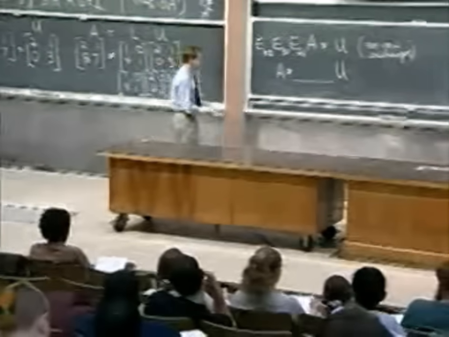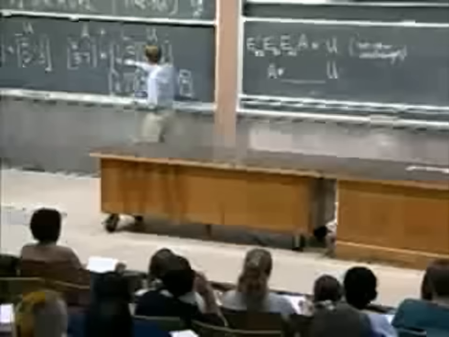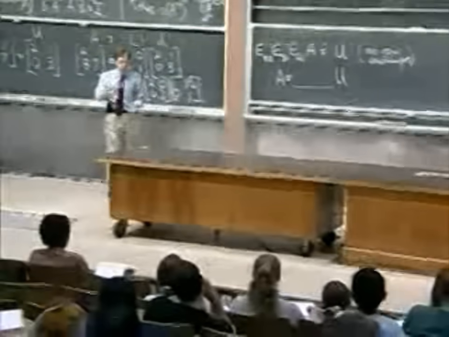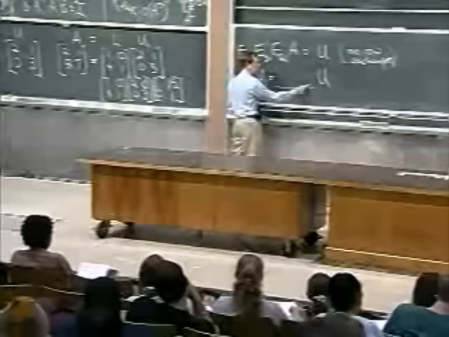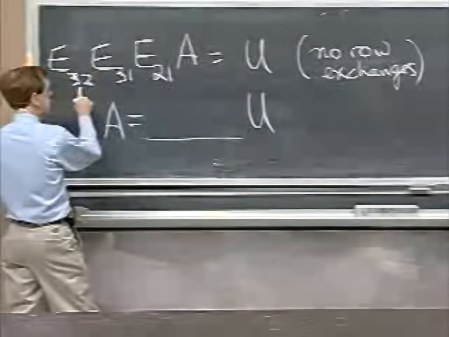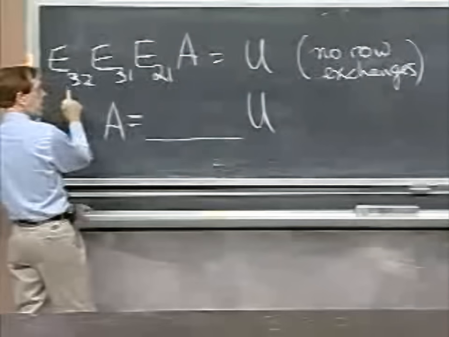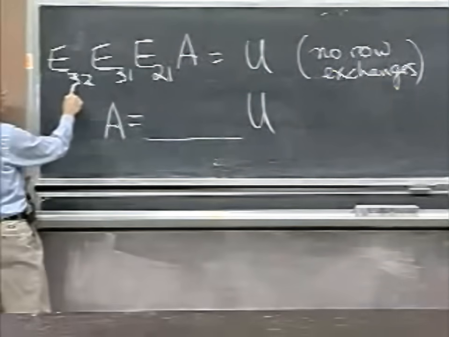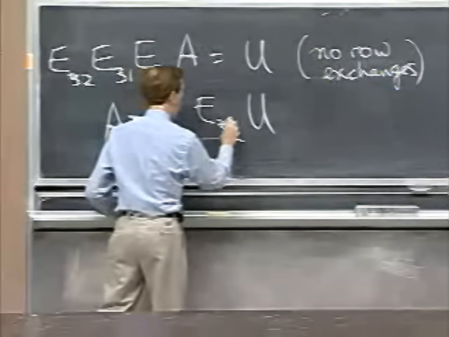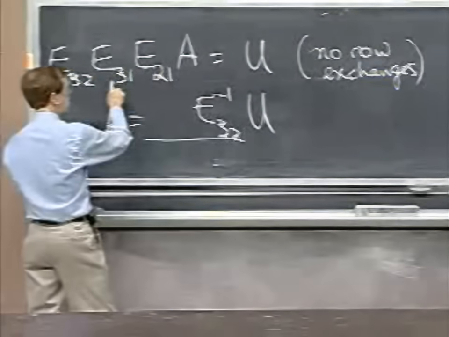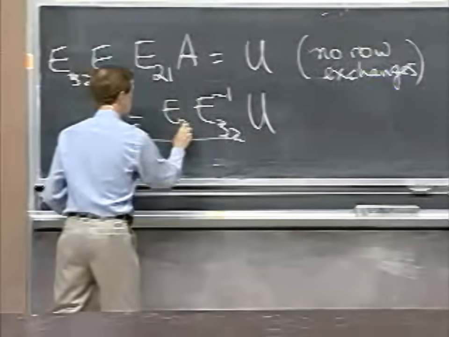So, that's what we know how to do. We know how to invert. We should take the separate inverses, but they go in the opposite order. So what goes here? E32 inverse. Right, because I'll multiply from the left by E32 inverse, and I'll pop it up next to U. And then will come E31 inverse.